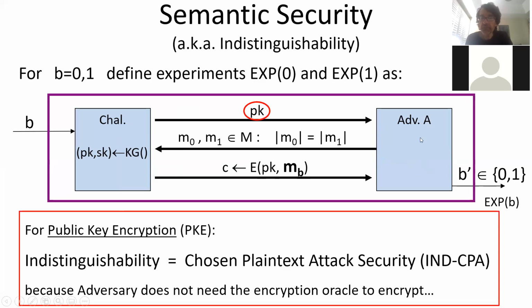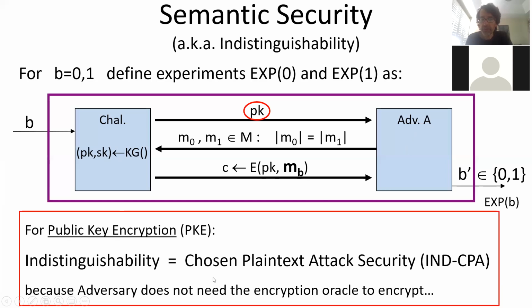Here, if you added such an oracle to this picture, it would be useless, because an oracle that generates random encryptions of whatever plaintext the attacker wants is not needed, since the attacker has the public key and the encryption algorithm uses only the public key as an input.